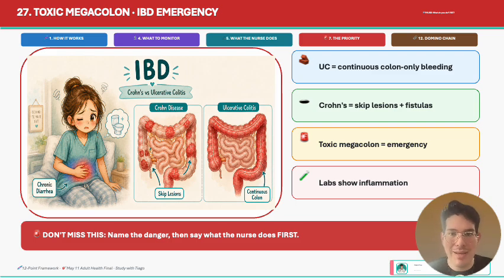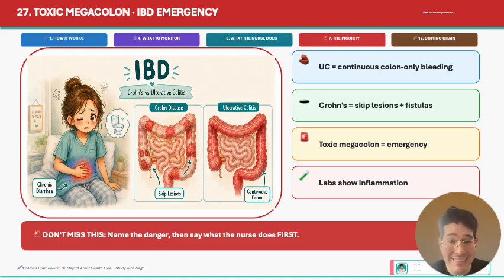The nursing response is to recognize the emergency, keep the patient NPO as ordered, monitor vitals, abdominal assessment, labs, and prepare for urgent treatment. The key exam phrase is do not give antidiarrheals, all right, in active severe IBD when toxic megacolon is a concern, right?